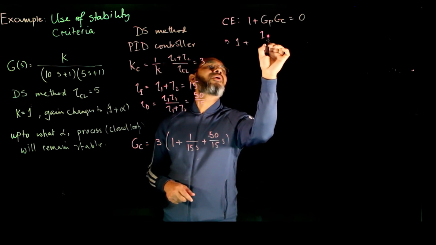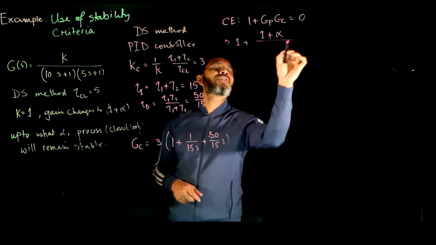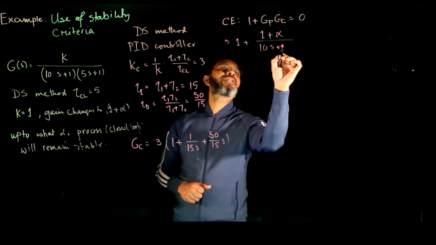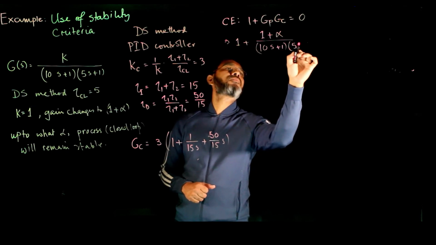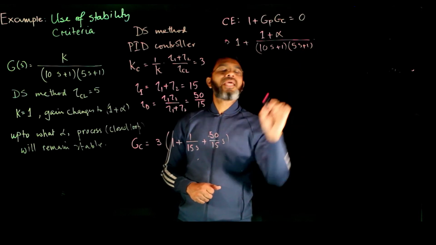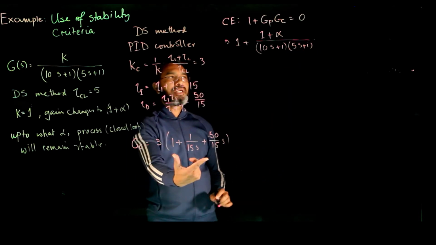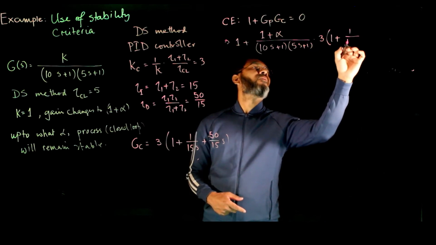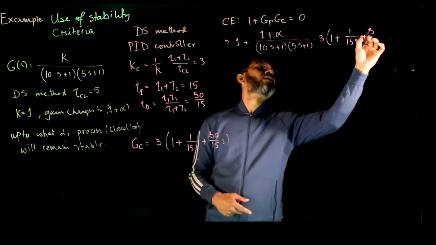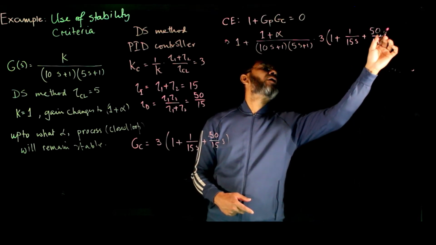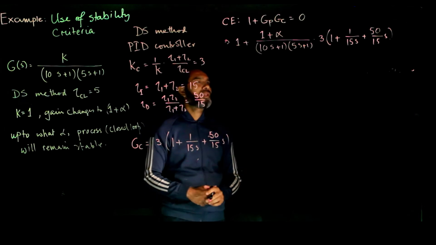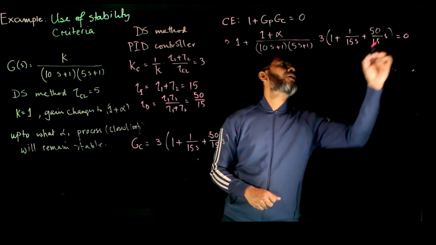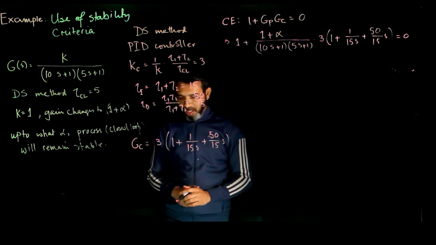However, do remember that now k changed to 1 plus alpha and the denominator remains the same. And Gc is our controller, so it's 3 times 1 plus 1 over 15s plus 50 over 15s s. Setting this to 0 gives the characteristic equation.